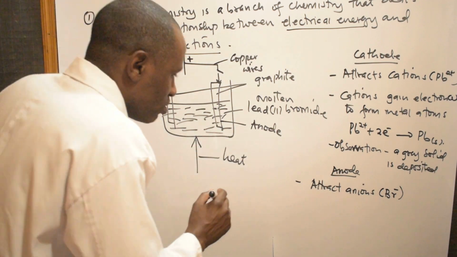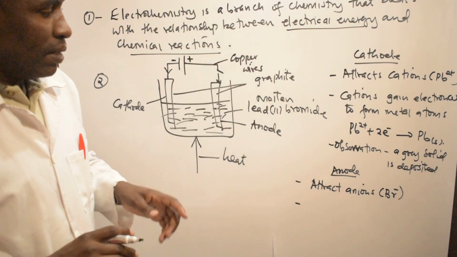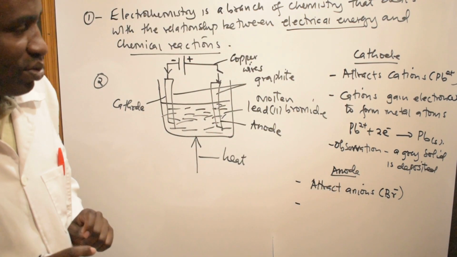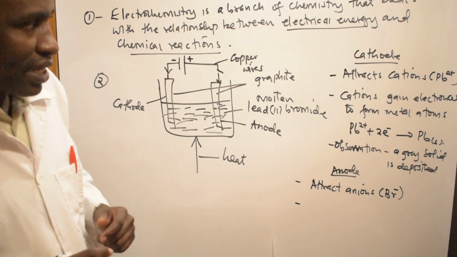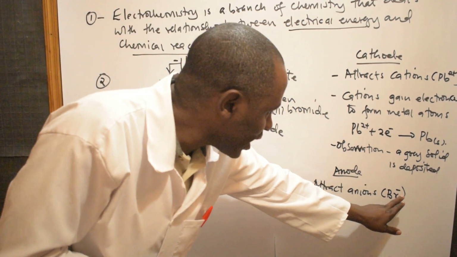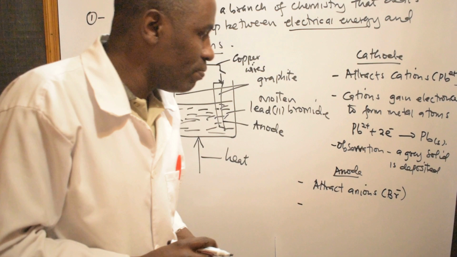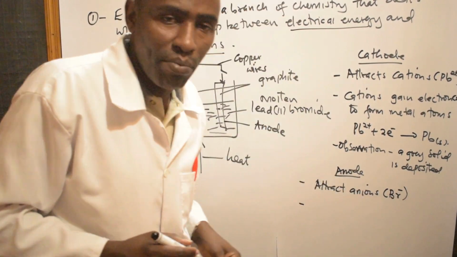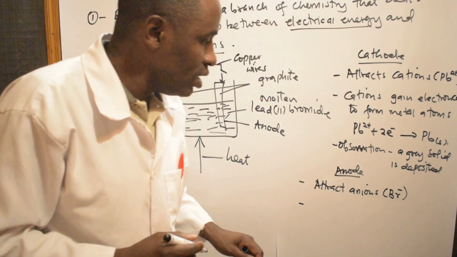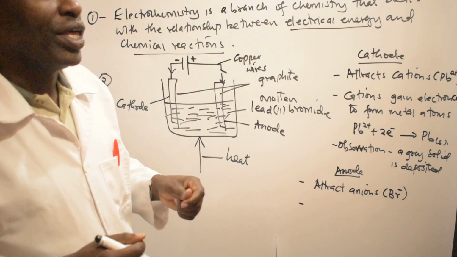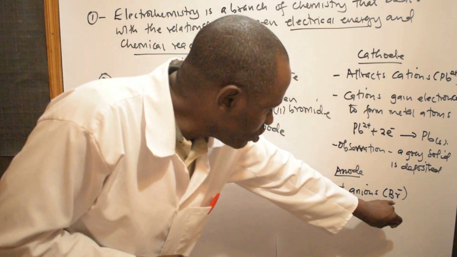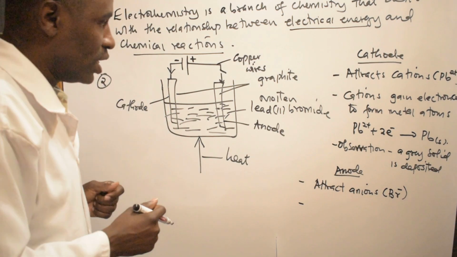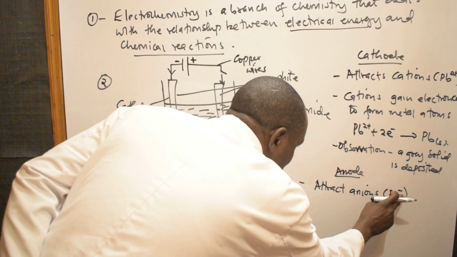Now, when they get to the anode, they are going to lose electrons. Keep following here. When you see a negatively charged ion, it means that it has an excess of electrons. Like this bromide ion here, if you compare the bromide ion with the bromine atom, this one has an excess of 1 electron. Now, what happens here? It is going to lose that excess electron.